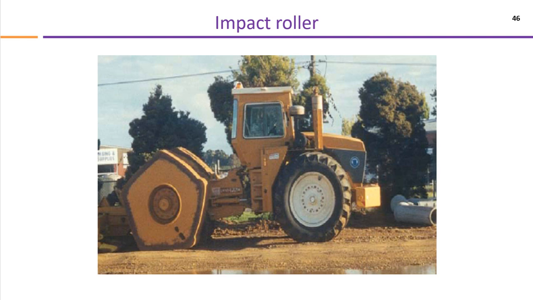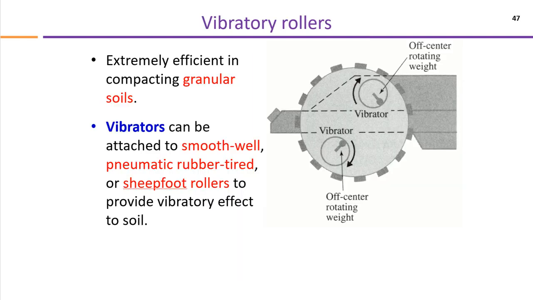Now any roller can be converted into a vibratory roller. So smooth wheel roller, sheep foot roller, tamping foot roller can be converted into vibratory roller. What we do is we are going to attach a vibrating system. So a vibrator is going to be attached.